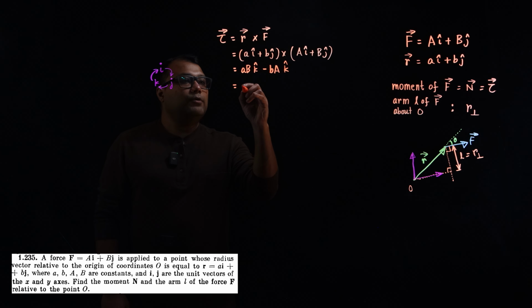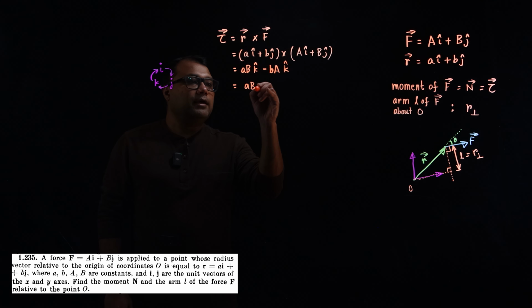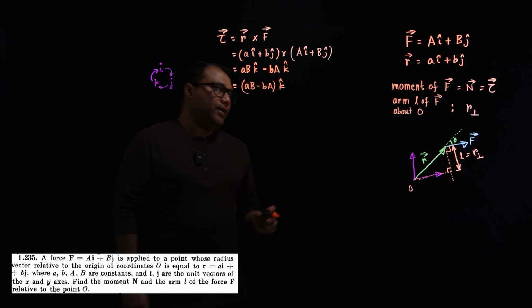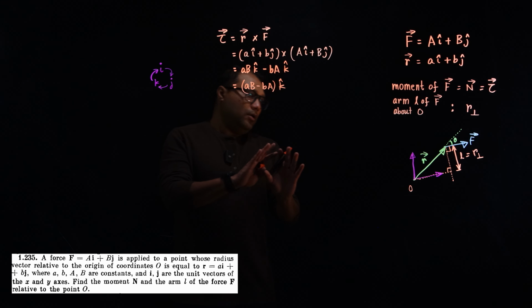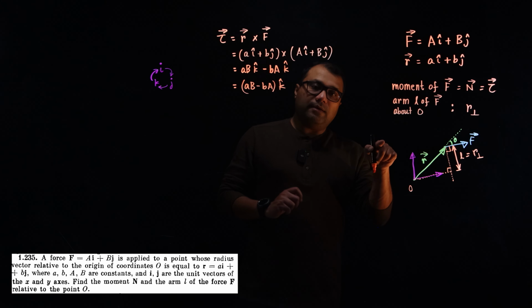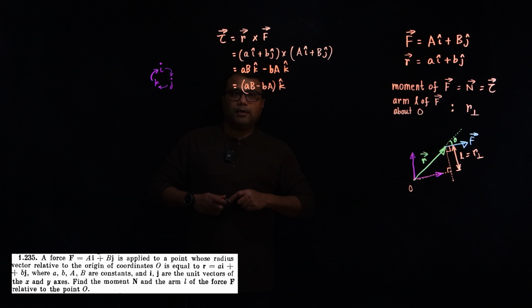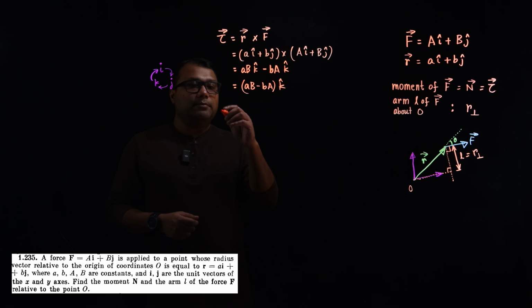So the value of tau is (small a capital B minus small b capital A) k cap. So obviously if i and j are on the plane of the board, k cap is perpendicular to the plane of the board.